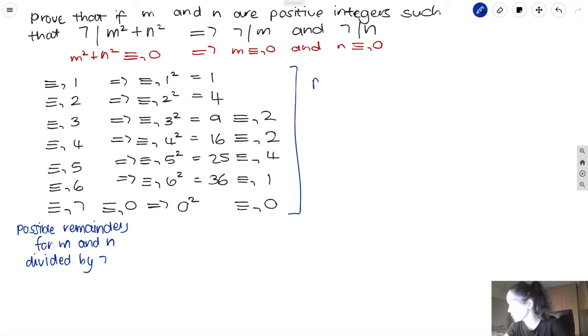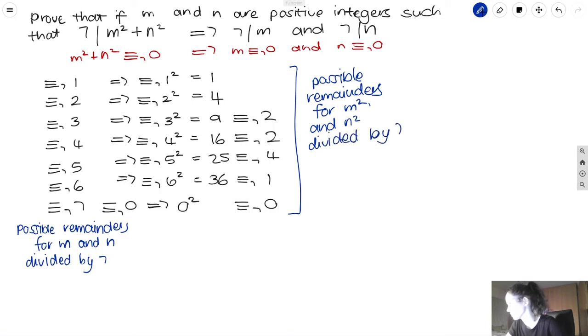These were the possible remainders for m squared and n squared divided by 7. So these are the possible remainders when we divide a square by 7.